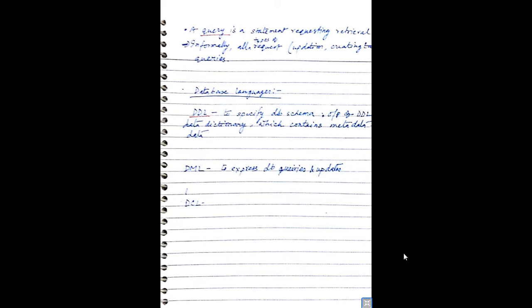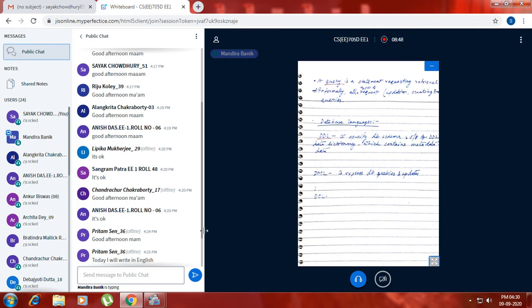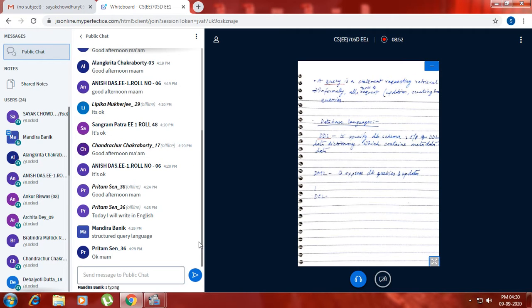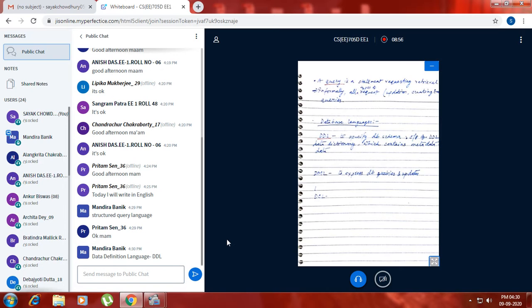Data definition language, that is, DDL. Then data manipulation language or DML, and data control language or DCL.